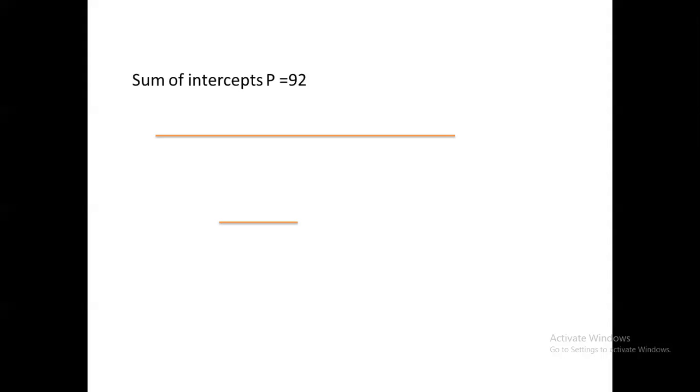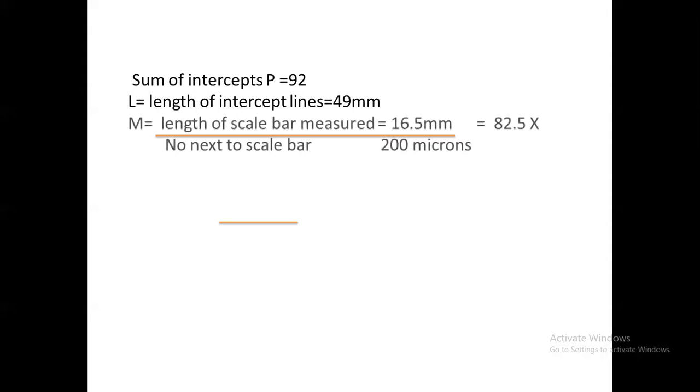Here you can see P, which is the sum of the intercepts, is equal to 92. L, the length of the intercept line, is 49 mm, where M is the length of the scale bar measured divided by the number next to the scale bar.